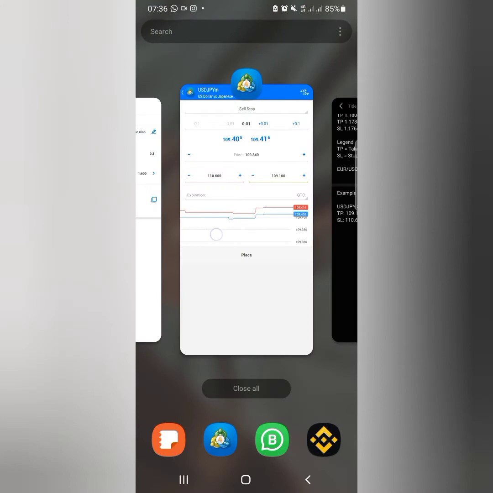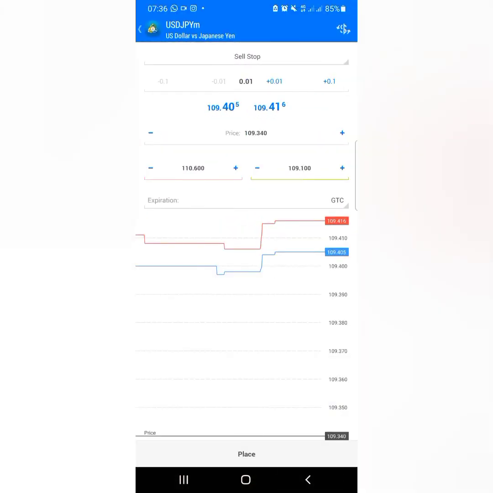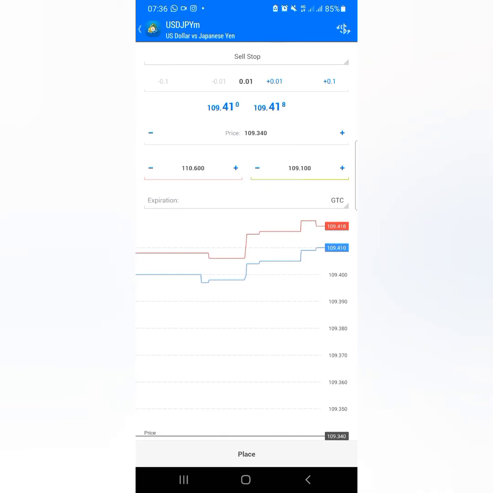Just for the sake of the example, I have to modify this order. So I've modified the take profit so I can place the order. The order should be placeable at all times. It wasn't allowing me to place the order because maybe the price of the take profit and the stop loss was too close to the price at which I'm selling. So right now I've inserted my take profit, my stop loss, and the price.